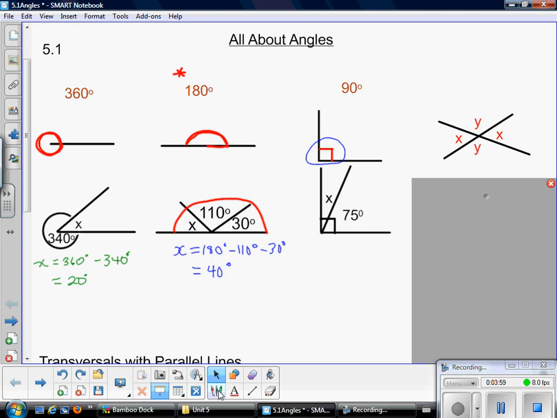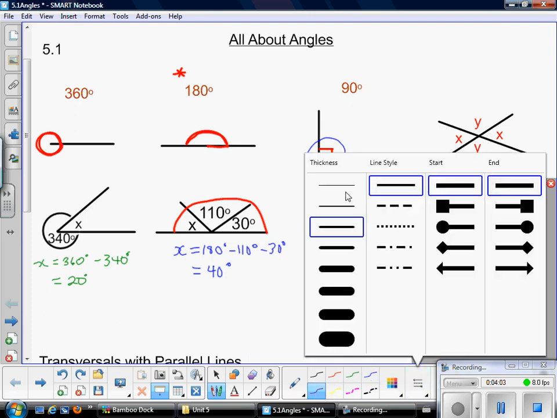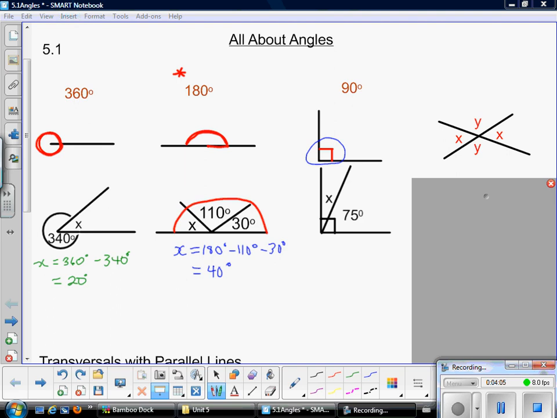So this time when I want to solve for x, again, it's the same kind of process. x is going to equal 90, take away 75. And when we do that, we know that it is 15 degrees.